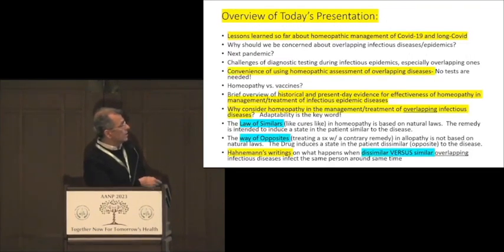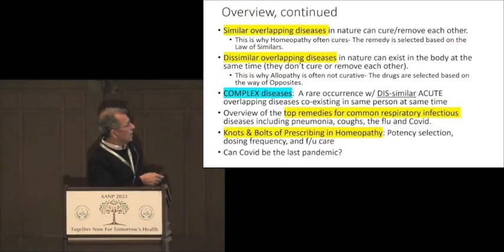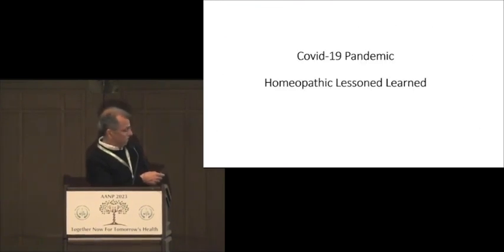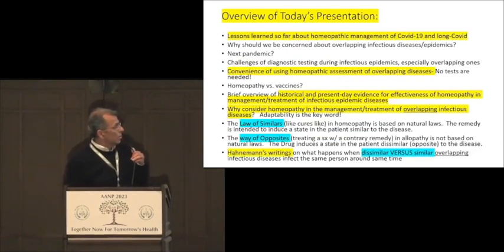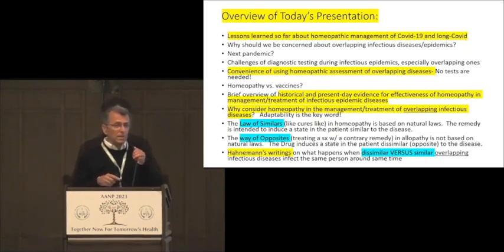Today's talk is going to cover some of the lessons that I myself, and I'm sure other homeopaths, have learned during this pandemic, dealing with COVID-19 and long COVID. I'm going to talk about the convenience of using homeopathic assessment of epidemic diseases as opposed to lab-based diagnosis. I'll talk about some evidence for the effectiveness of homeopathy, and cover the significance of overlapping infectious diseases and their homeopathic management.